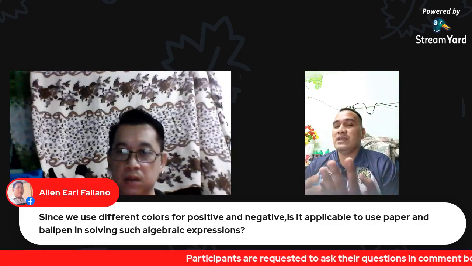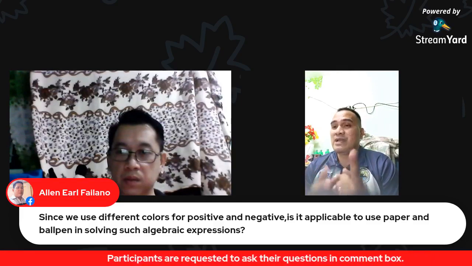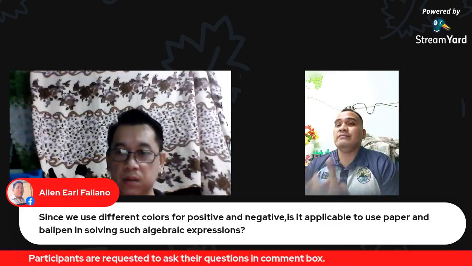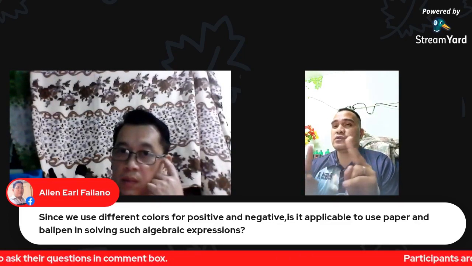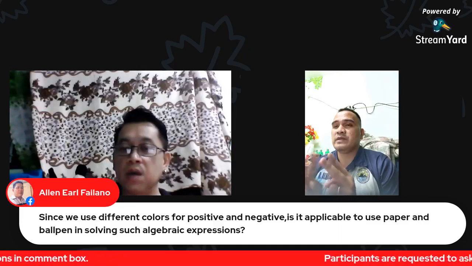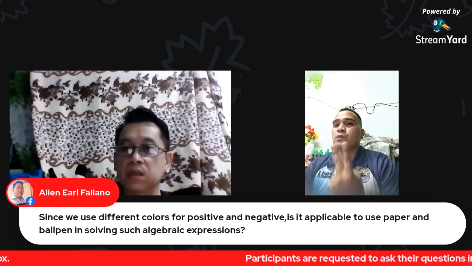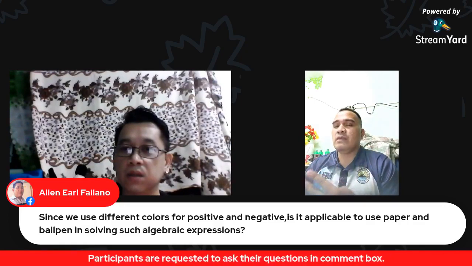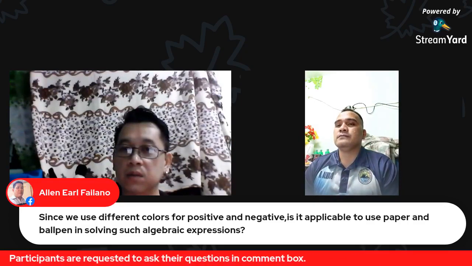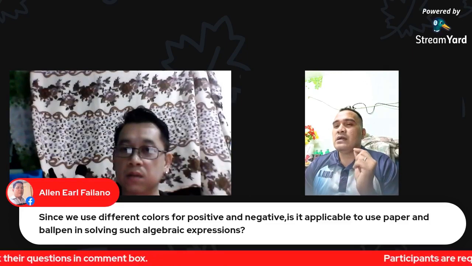So we have ink ball pen, so you can use black, blue, and red. If you have algebraic expressions, two expressions only, you need two color inks. So you can use blue or black or red.